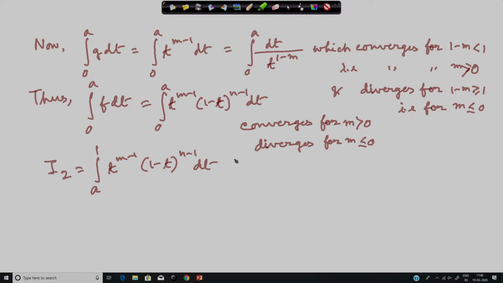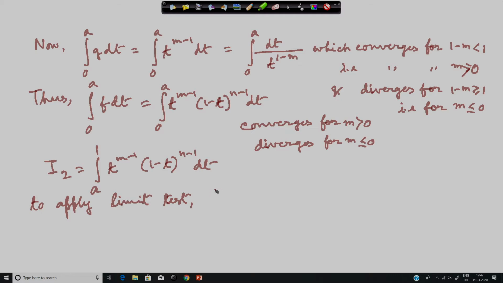So we need to apply the limit test as t tends to 1, and we have to choose the comparison function g carefully. What shall be the comparison function? Here g t should be 1 minus t to the power n minus 1.